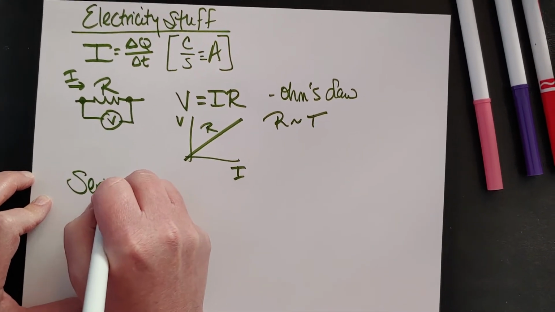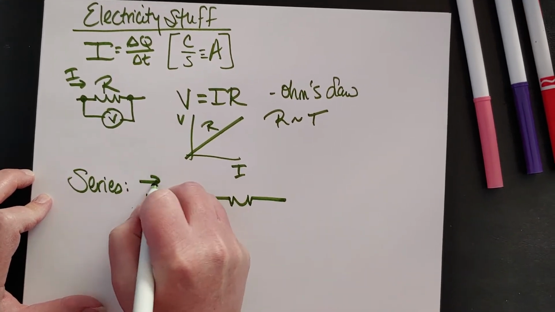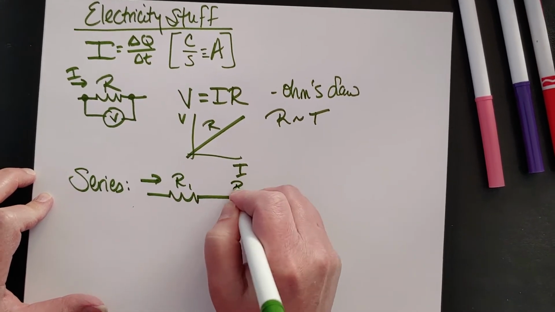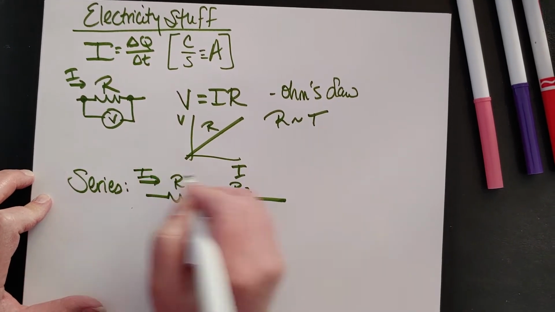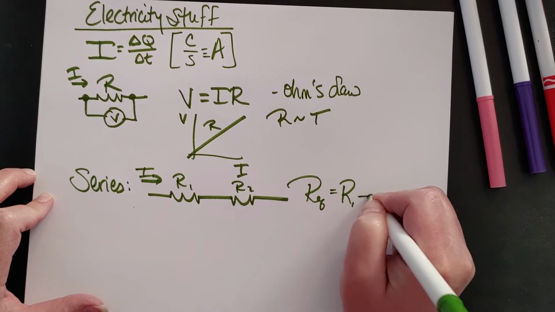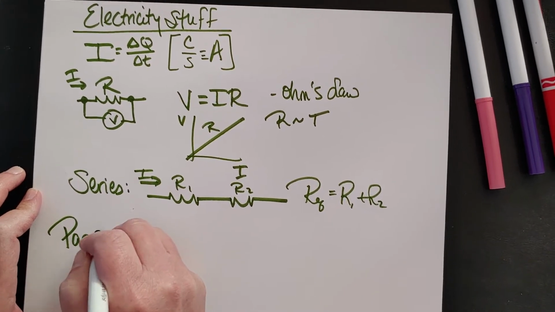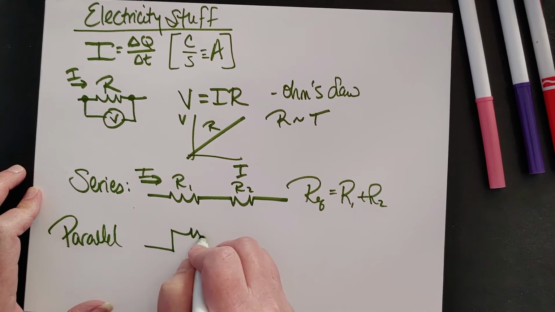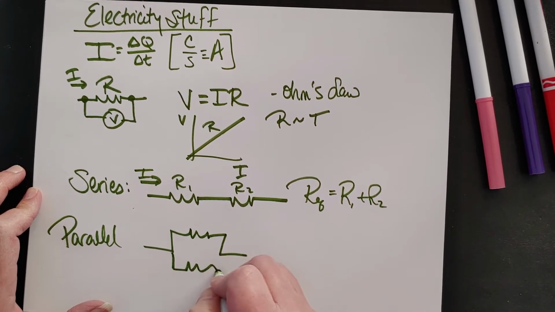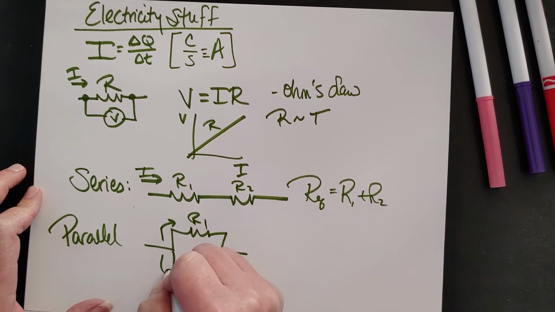Series. That means that each resistor gets the same current through it, and the equivalent resistance is R1 plus R2. If resistors are in parallel, then the current splits.